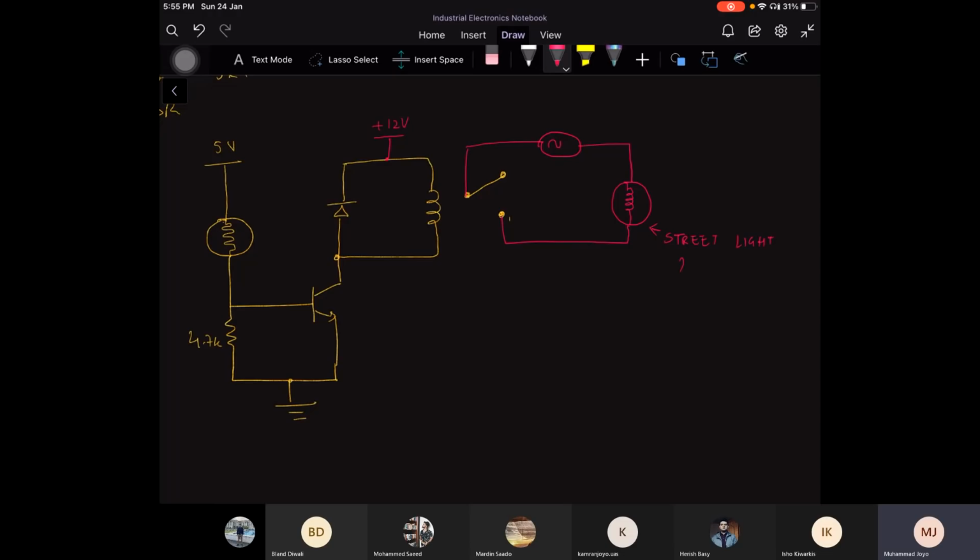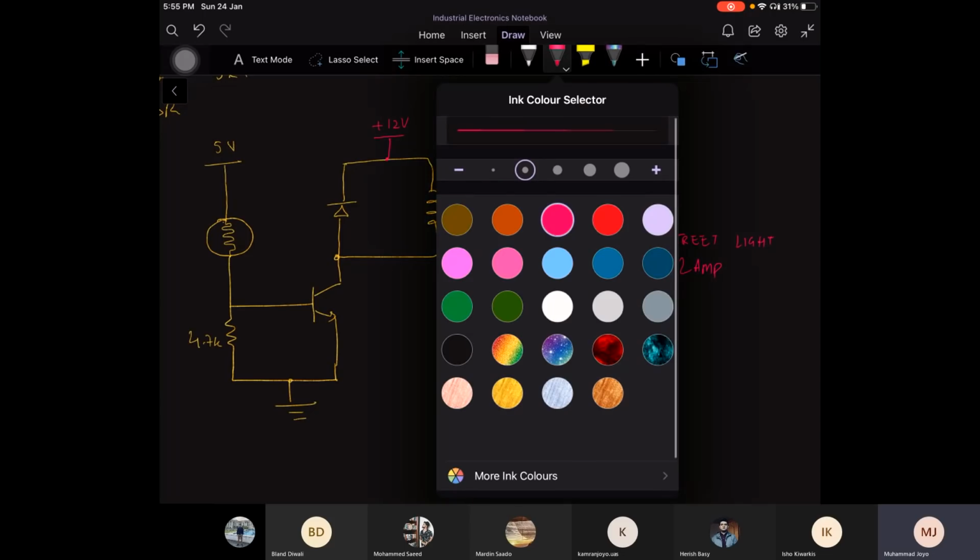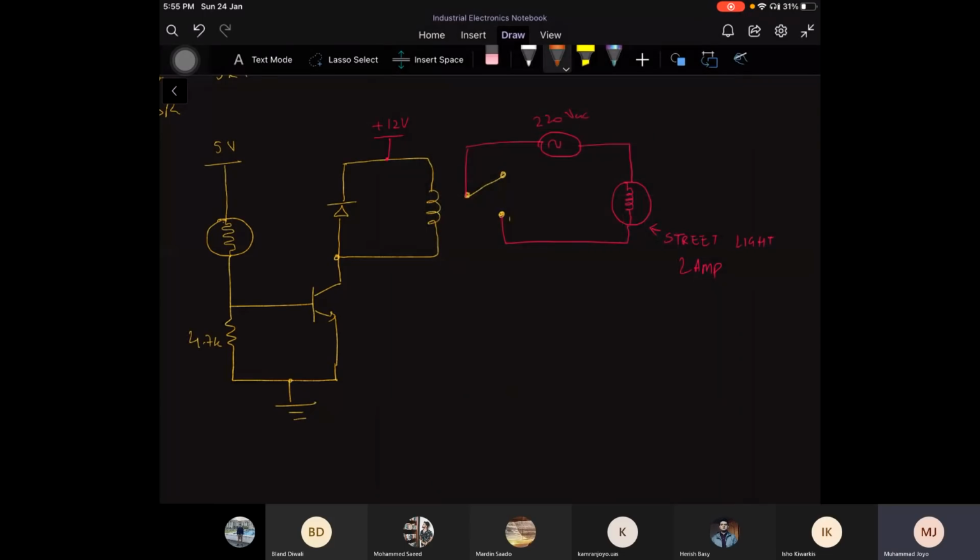You attach it with a 220-volt AC supply. And how have we connected it? We have connected it with a relay. So this is your relay.